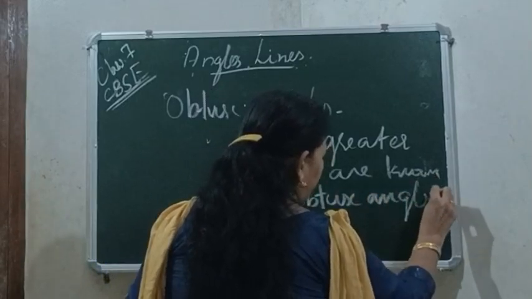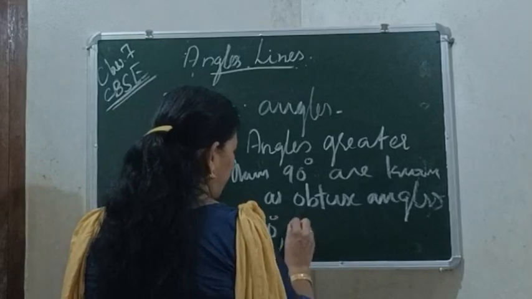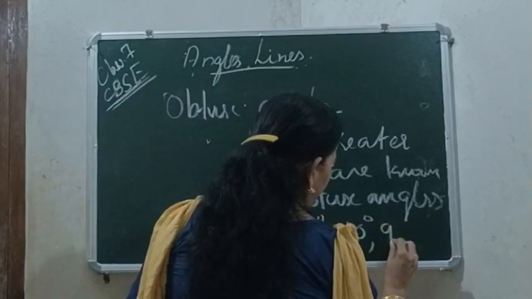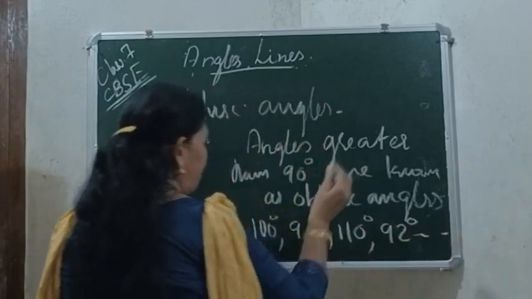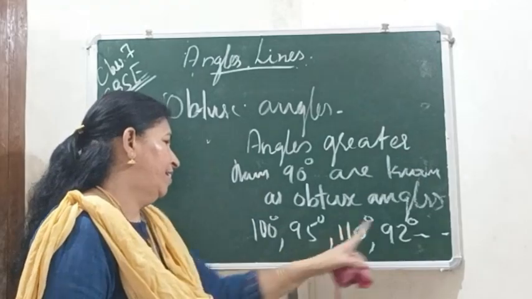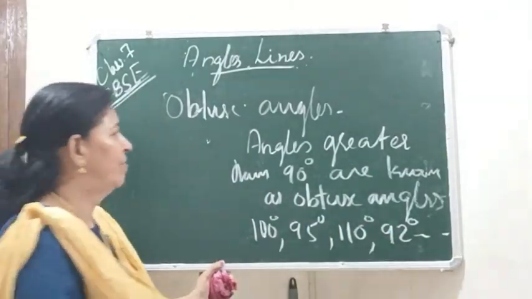Obtuse angles, that is 100 degrees, 95 degrees, 110 degrees, 92 degrees, etc. 90 degrees is a right angle. Angles greater than 90 degrees are known as obtuse angles.